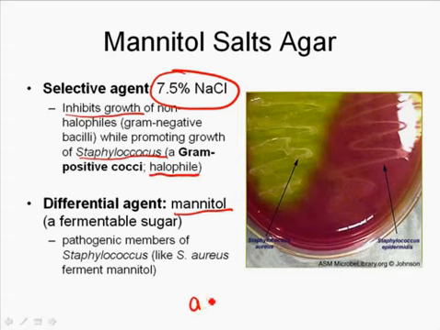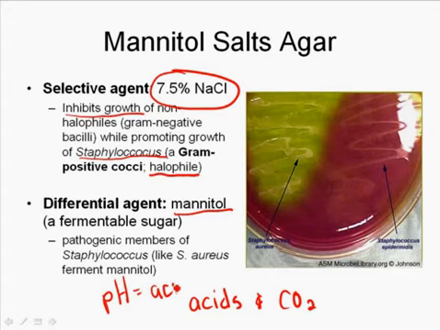We can often produce acids and also carbon dioxide as a result of fermentation. So, for those members of Staphylococcus that can ferment mannitol, acids will be produced, therefore the pH of the media will become acidic. However, for members of Staphylococcus that cannot ferment mannitol, the pH of the media should not change.